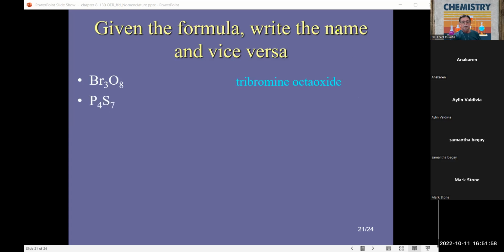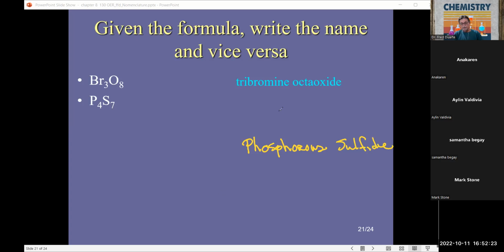All right. Now we have the base name. We got phosphorus like we did before. Phosphorus is written first. And then followed is sulfur, which, because it's bonded to the central group of 4 elements, is sulfide.